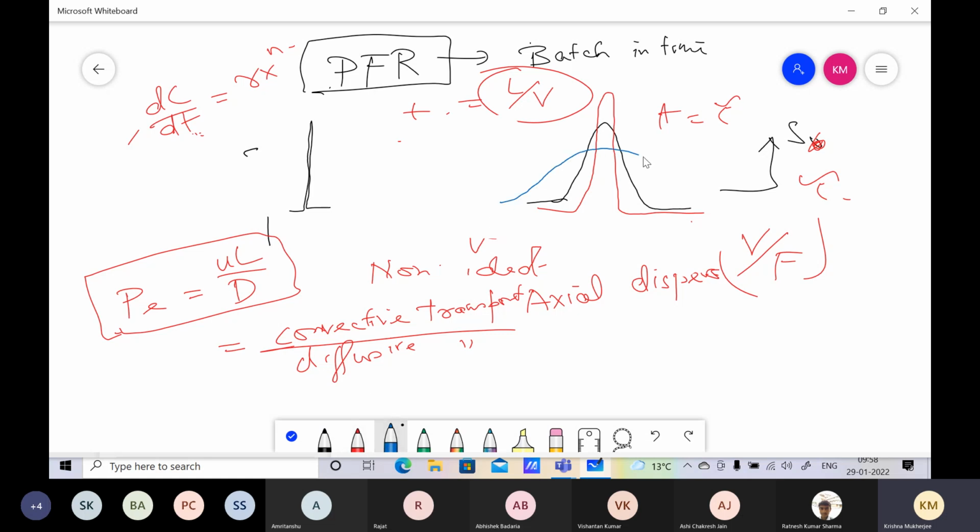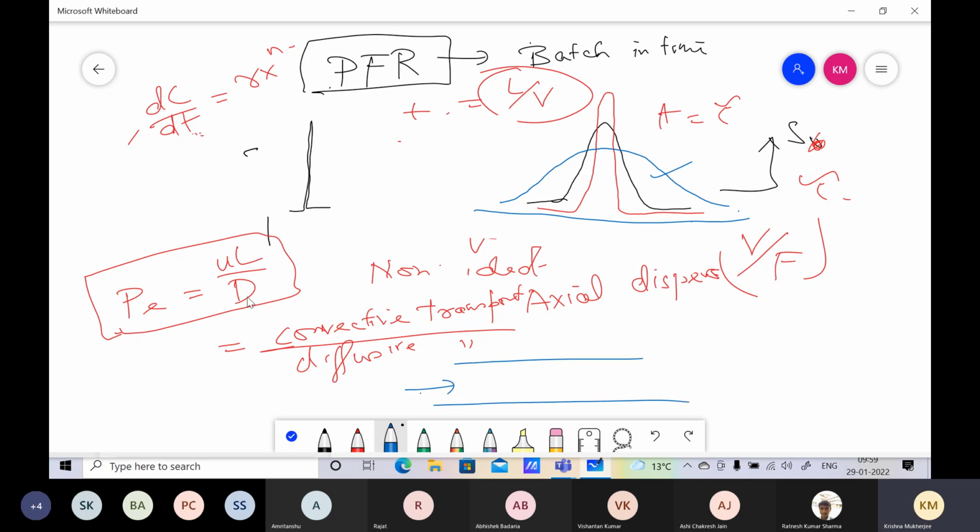And this is where I want to prove this point to you: the conversion will be poor when this spread is like this. Remember that this set of particles is residing for less time and this set of particles is residing for more time. In very simple terms, the reaction rates are highest at the entry point of the PFR.